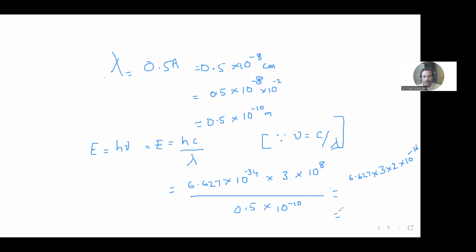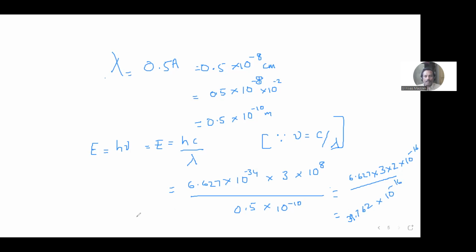So that gives you how much? 2 3s are 6, so you can multiply the entire thing with 6. 6 7s are 42, 6 2s are 12 plus 4, 16, 6 6s are 36 plus 1, 37, and 6 6s are 36 plus 3, 39. So therefore you will get 39.762 multiplied by 10 to the power of minus 16.